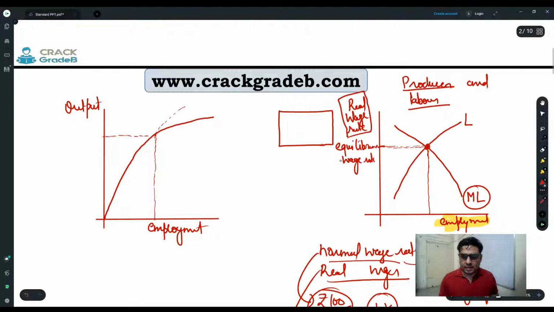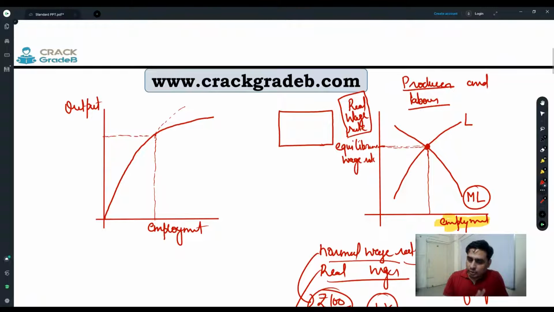If the real wage rate increases beyond this point, the producer is going to be in loss. Then he will start firing: he will not employ more people, or he will start discarding those employed, because it is a loss business for him. So he is not going to accept this.